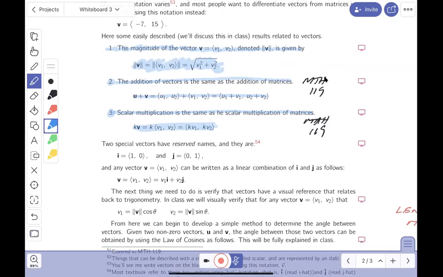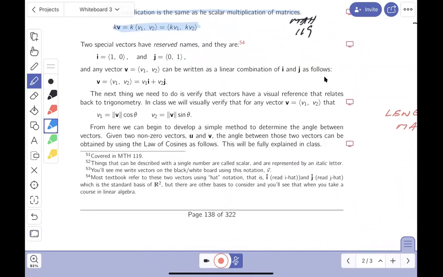All right, let's talk about 2 special vectors. And those 2 special vectors are called I and J. All right, so let me just say there's 2 of them over here. Okay, and what do they say about these? They say any vector V with components V1, V2 can be written as a linear combination of I and J as follows.